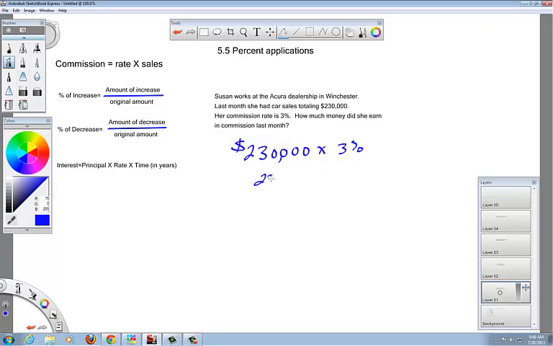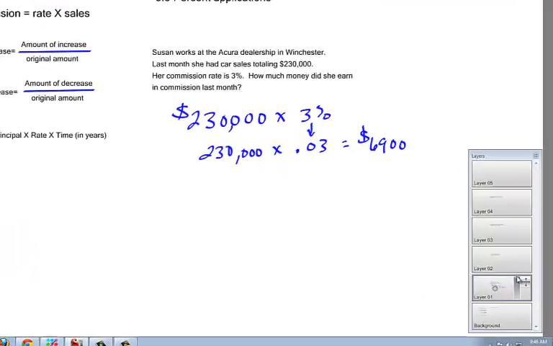We go like this: 230,000 times 0.03, because we're going to convert that baby to a decimal, and then you just calculator that thing. This times that. It's always a percent times a dollar amount, and that equals commission. And in this case, $6,900. And that is her monthly commission. Not too shabby. Not too shabby.